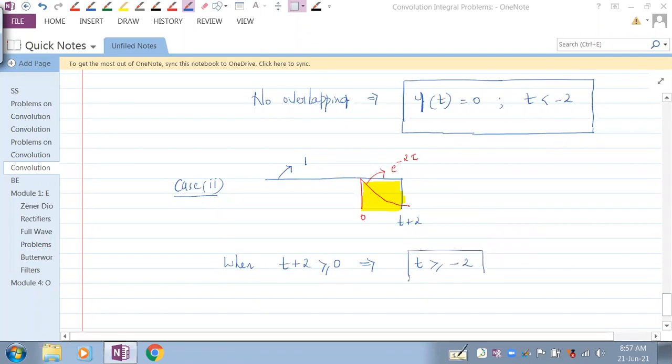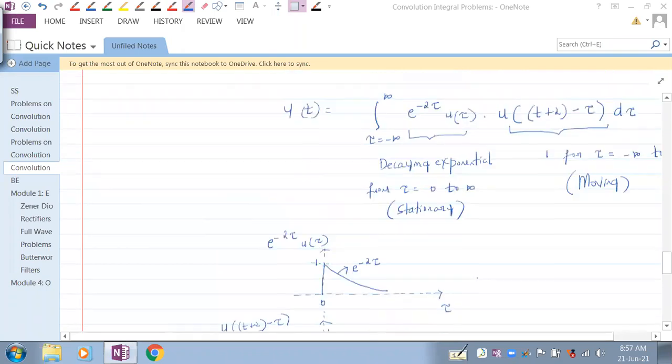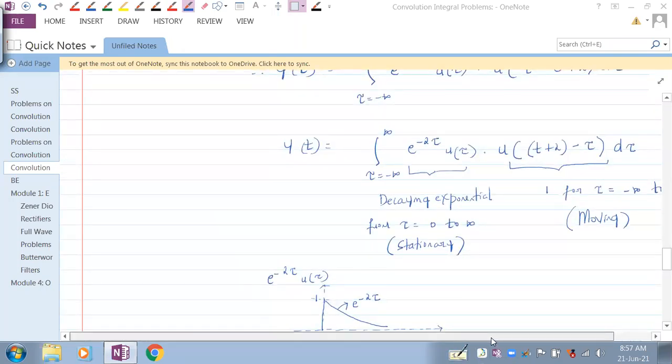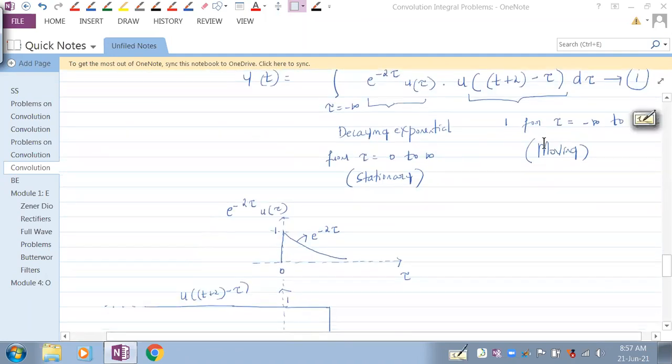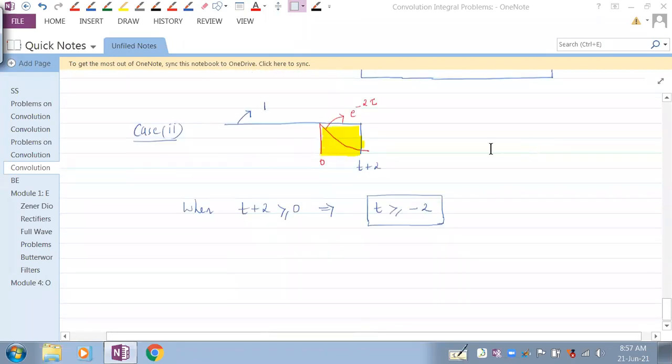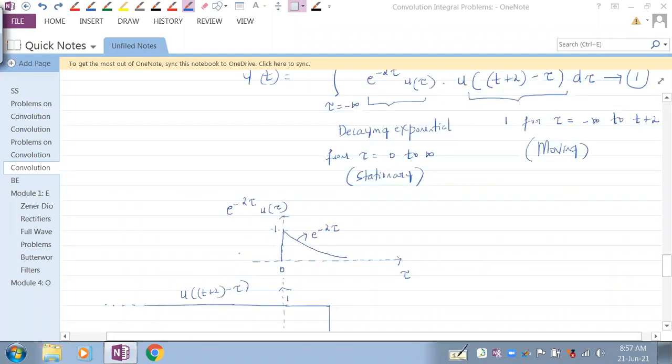So in this case, what would your equation number 1 look like? This is your equation number 1. You don't have to see anything in this equation. You can just simply see in this plot or sketch, which clearly says that for equation number 1, the overlapping range we need to write first.